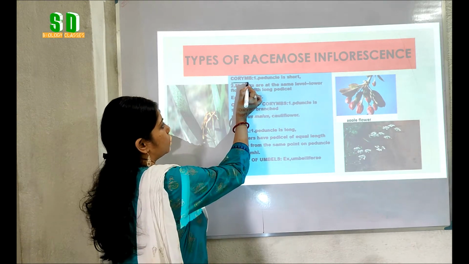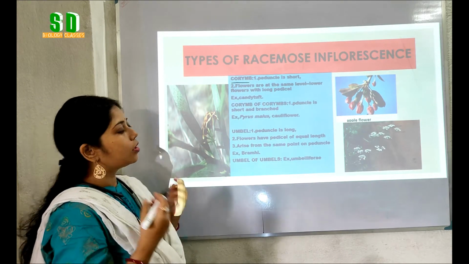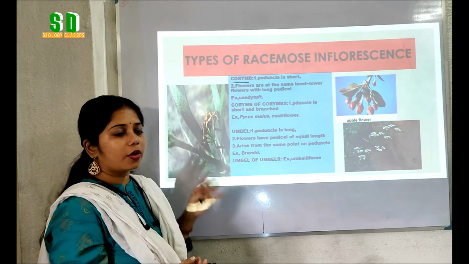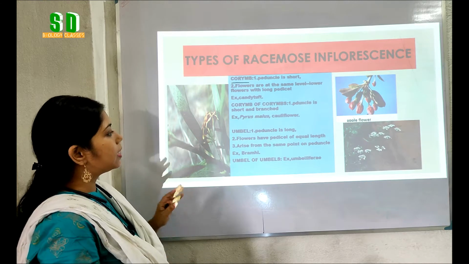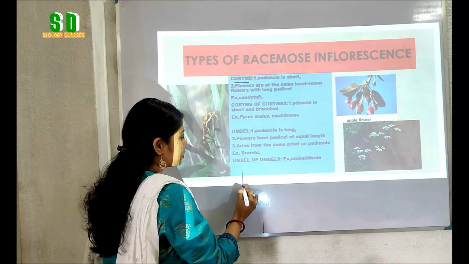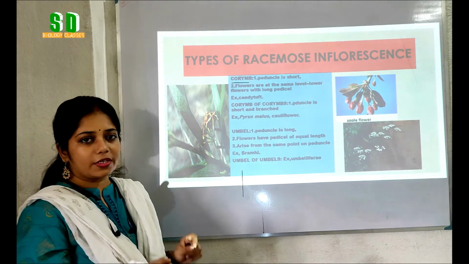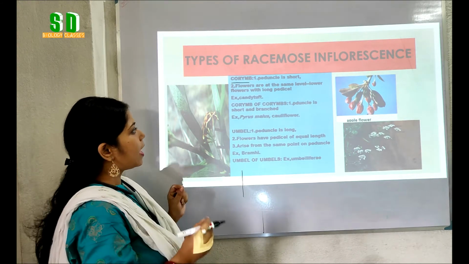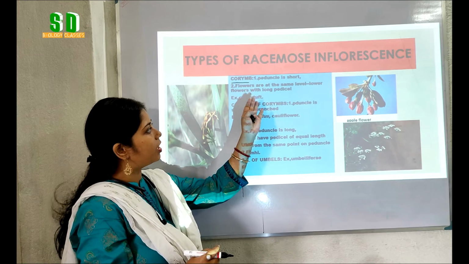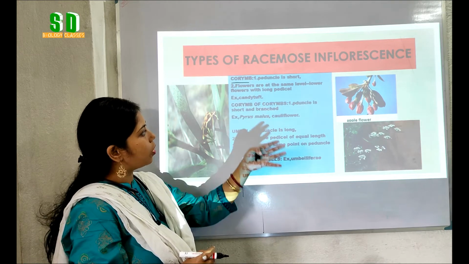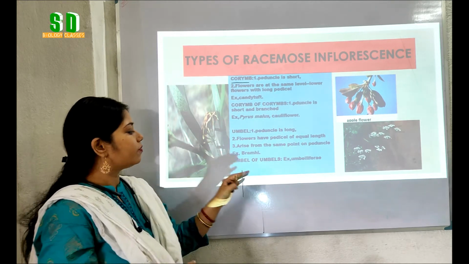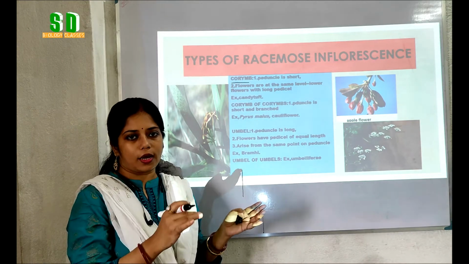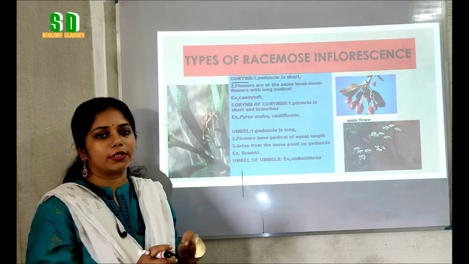First one is corymb. What are the features of this type of racemose inflorescence? Here, the peduncle is short. The main axis where the flowers are arranged, that peduncle, is short, and flowers are at the same level. Lower flowers have long pedicels and the flowers at the upper side have short pedicels.